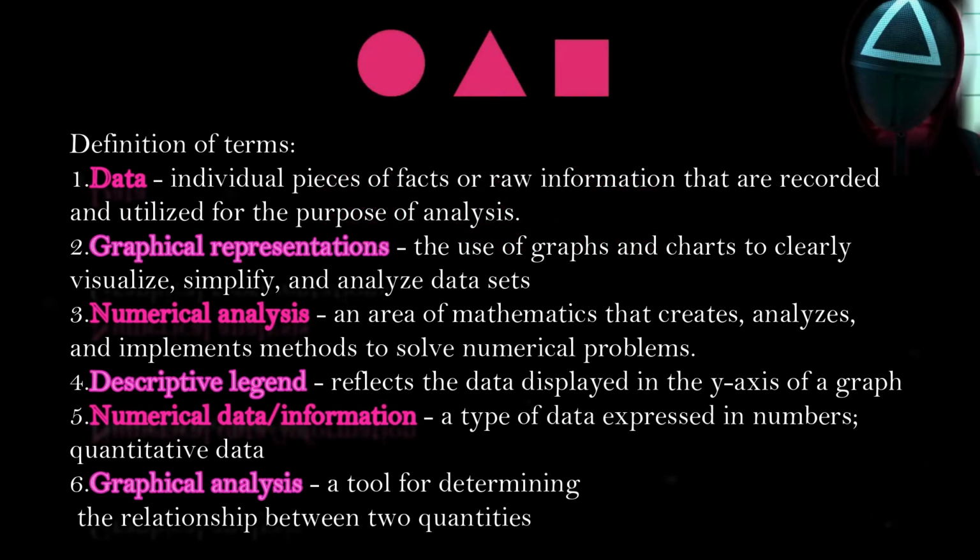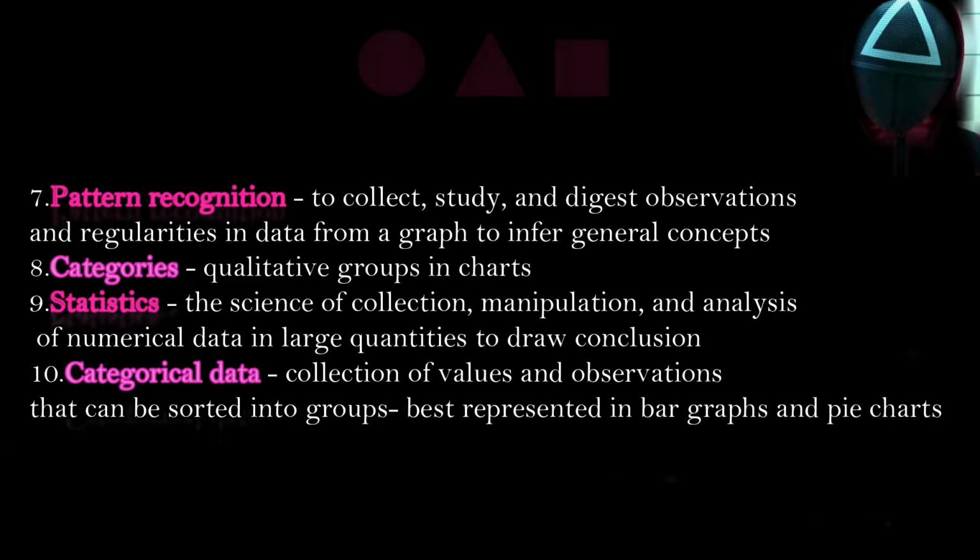Before we start, there are 15 terms you should know. First in the list is the data. Second, graphical representations. Third, numerical analysis. Fourth, descriptive legend. Fifth, numerical data or information. Sixth, graphical analysis. Seventh, pattern recognition.